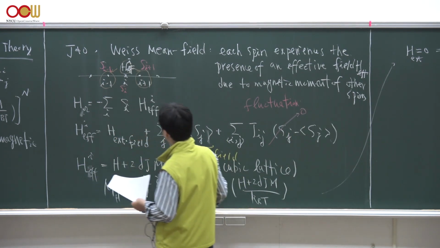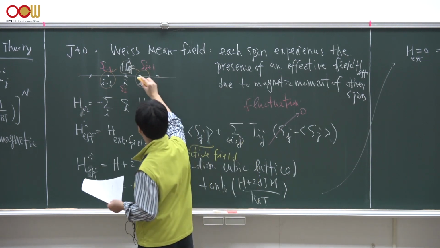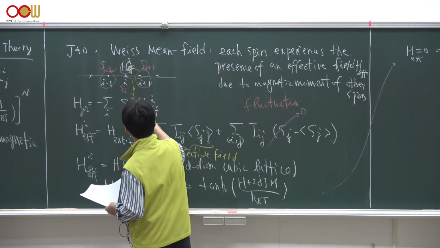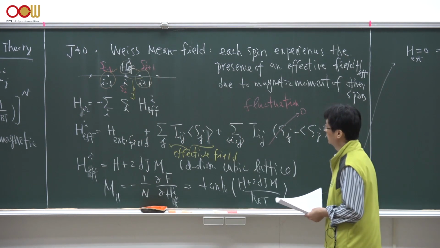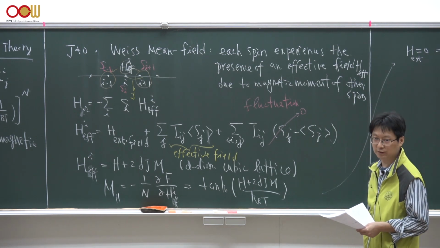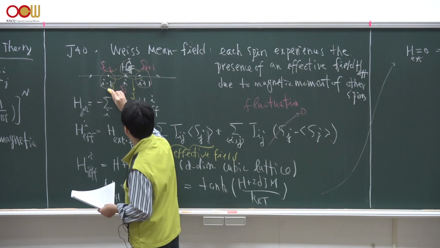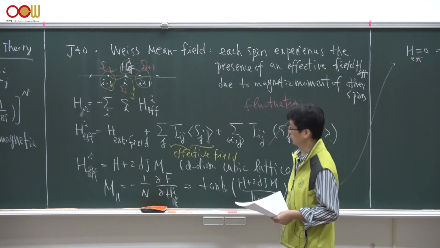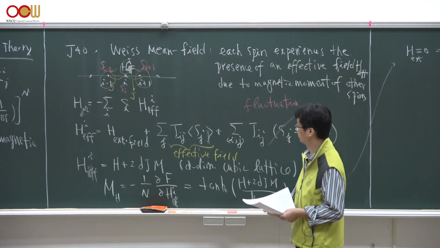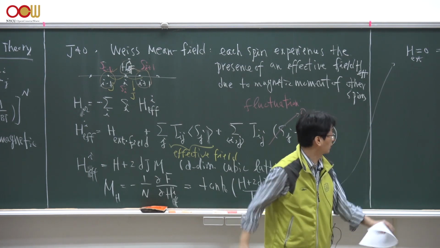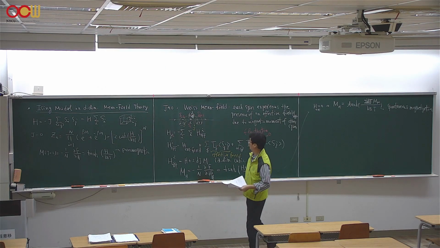In this nearest neighbor Ising model, we have a coupling J between site i and i plus 1. We also have a spin-spin interaction with the other neighbor, i and i minus 1. And this is a D-dimensional cubic lattice, for example.